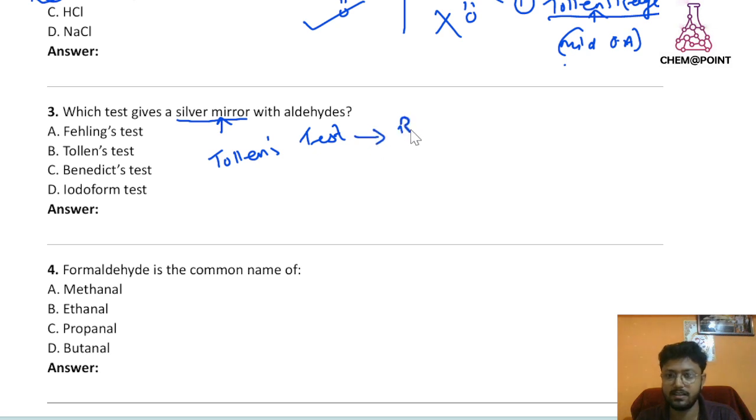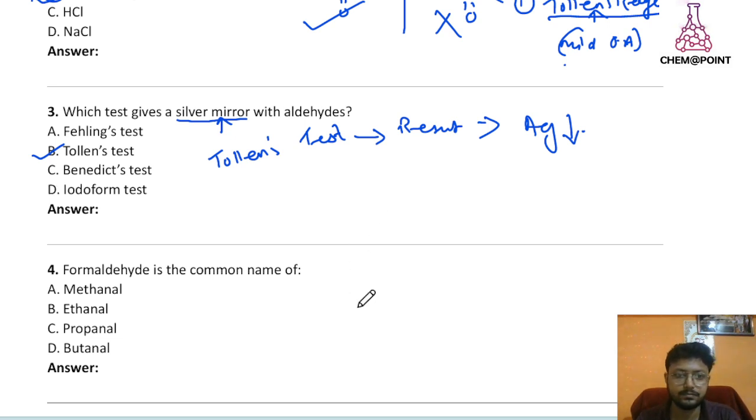That result should be a silver mirror, Ag, a precipitate. The right answer is B, Tollens test. What is the Tollens test? Ammoniacal silver nitrate solution. The ammoniacal silver nitrate solution added to aldehyde gives a silver mirror. Do you understand my point?